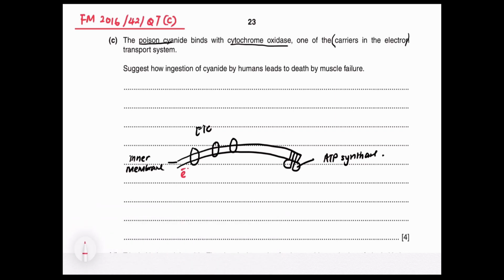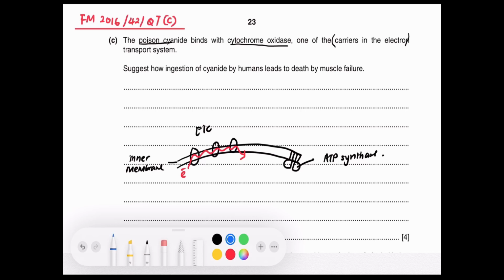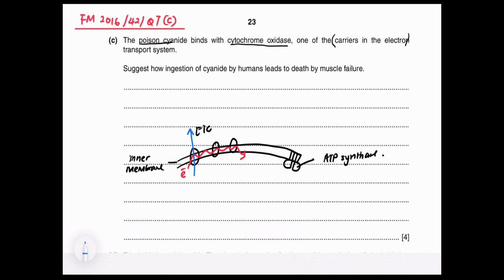Electrons transported from the Krebs cycle will travel to the ETC, and along the way, energy is lost. The energy from the electrons is used to pump H+ from the matrix to the intermembrane space, creating a proton gradient.